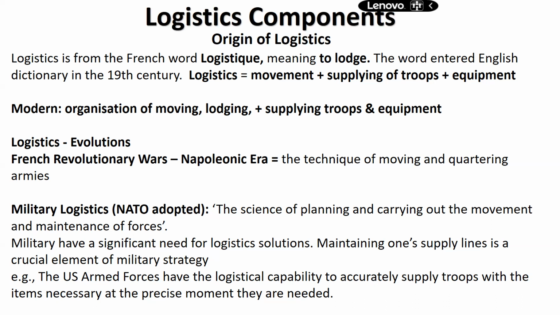Okay, so we say quartering armies, we have to house them. So this whole thing about logistics is rooted seriously in the military. We say military logistics, NATO adopted, said the science of planning and carrying out the movement and maintenance of forces. So military have a significant need of logistics solution. Maintaining one's supply lines is a crucial element of military strategy.